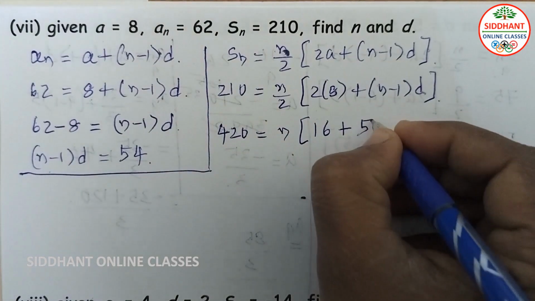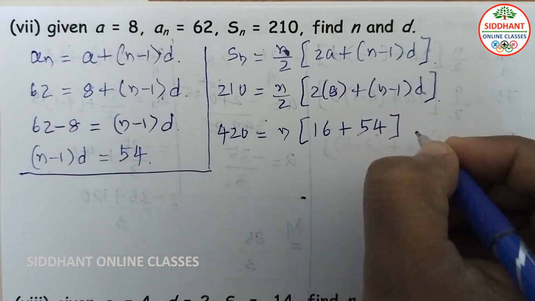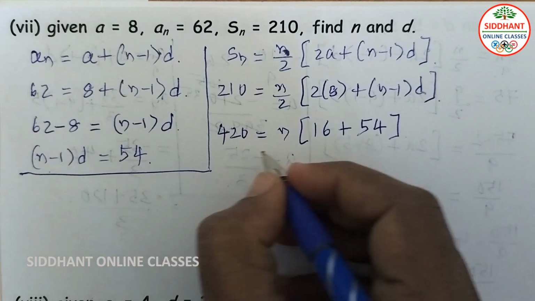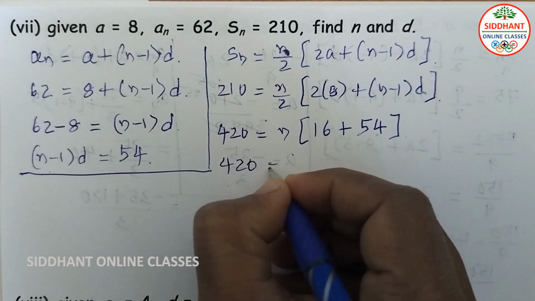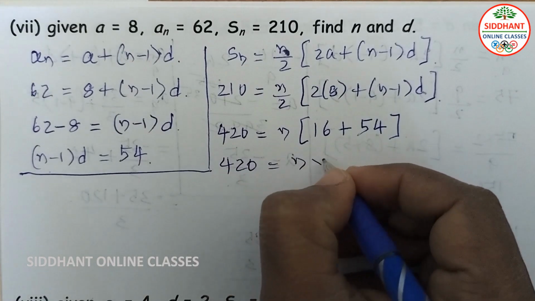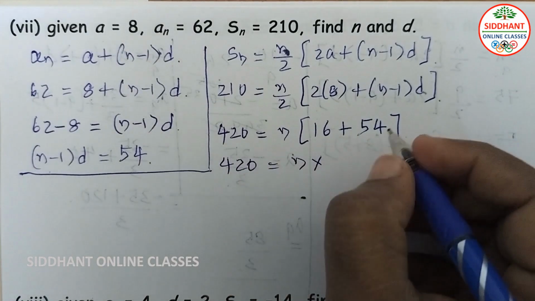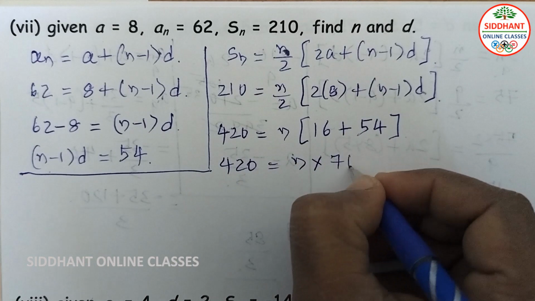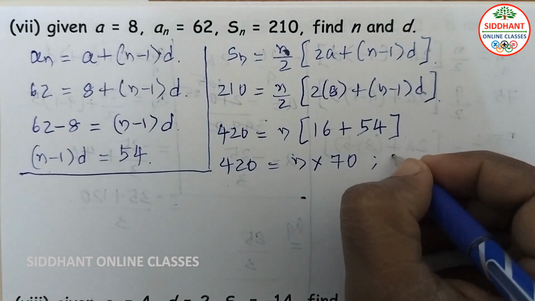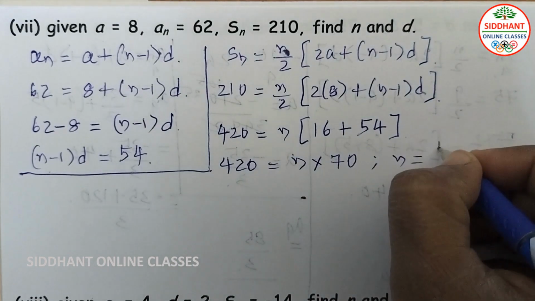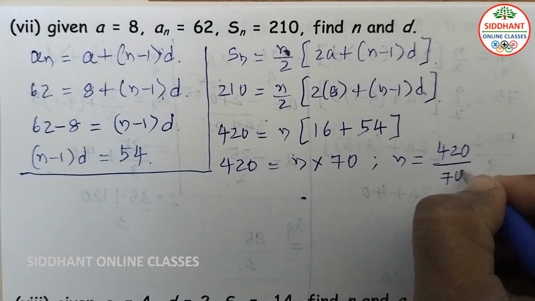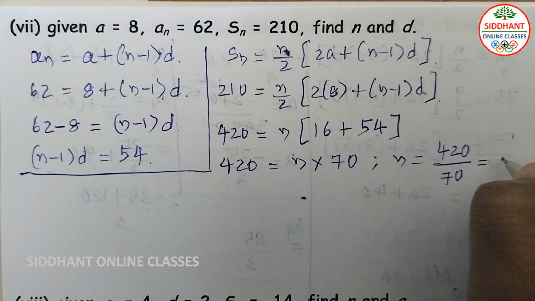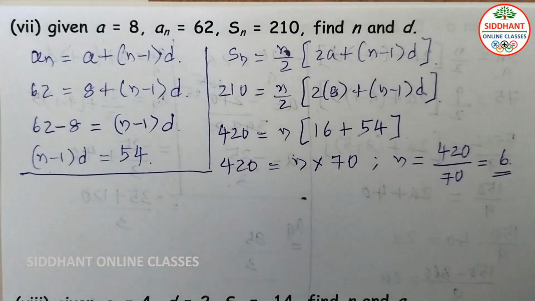So now 420 equals n into 16 plus 54, that will be 70. So n equals 420 by 70, that equals 6 here.